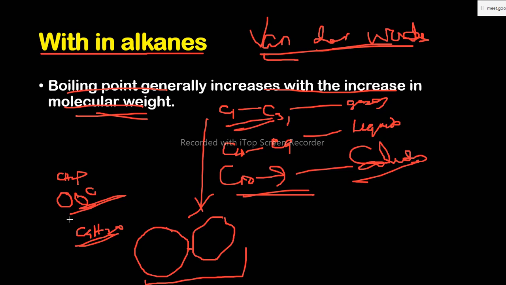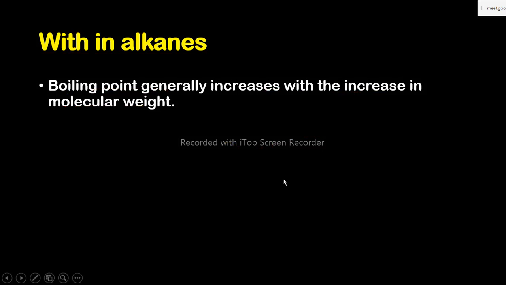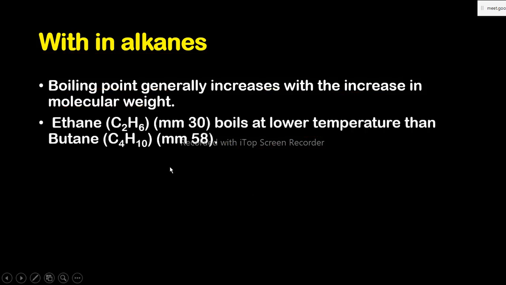So if you clearly understand that, then it is a good explanation for the increase in boiling point among alkanes themselves. Ethane, for instance, with molecular mass of 30, boils at a lower temperature than butane with molecular mass of 58.